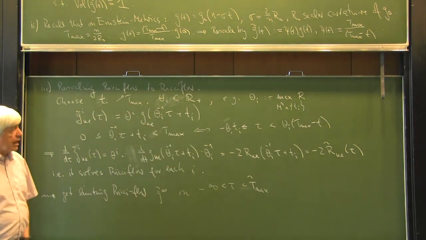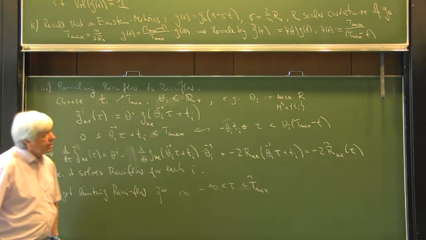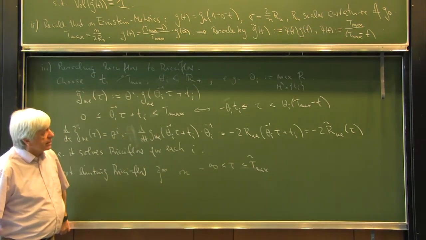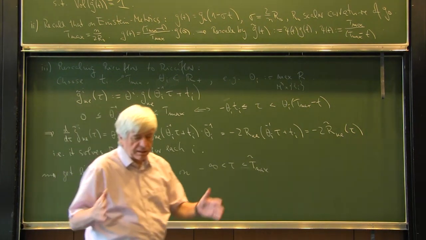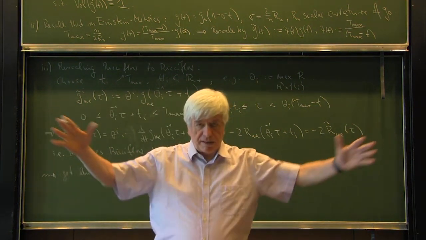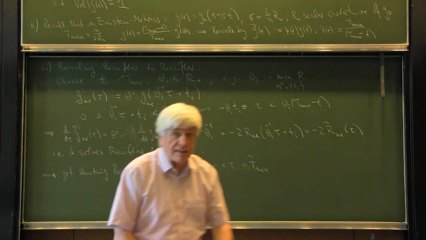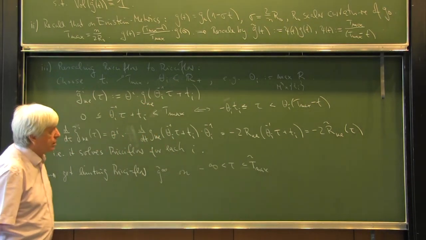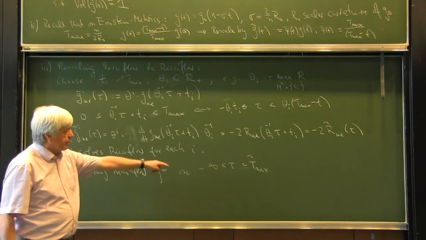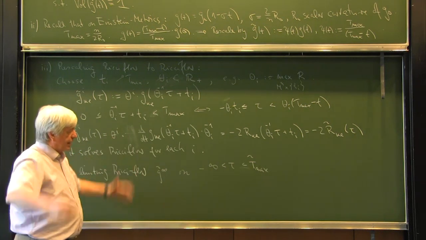And in our case, you would expect that you get a round metric shrinking in finite time to length 0, starting from radius infinity.